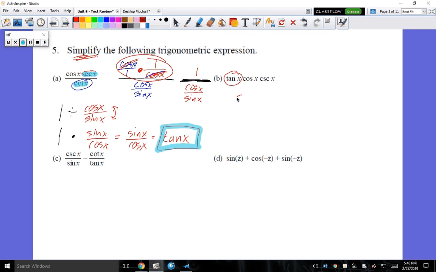This tangent is going to change to sine over cosine. Okay, it's multiplied. This cosine we're going to write as cosine over 1. And then last but not least, cosecant is the same as 1 over sine. Now you can treat this as one huge fraction because it's being multiplied together, and anything that's multiplied is basically saying all of this is the same monomial.